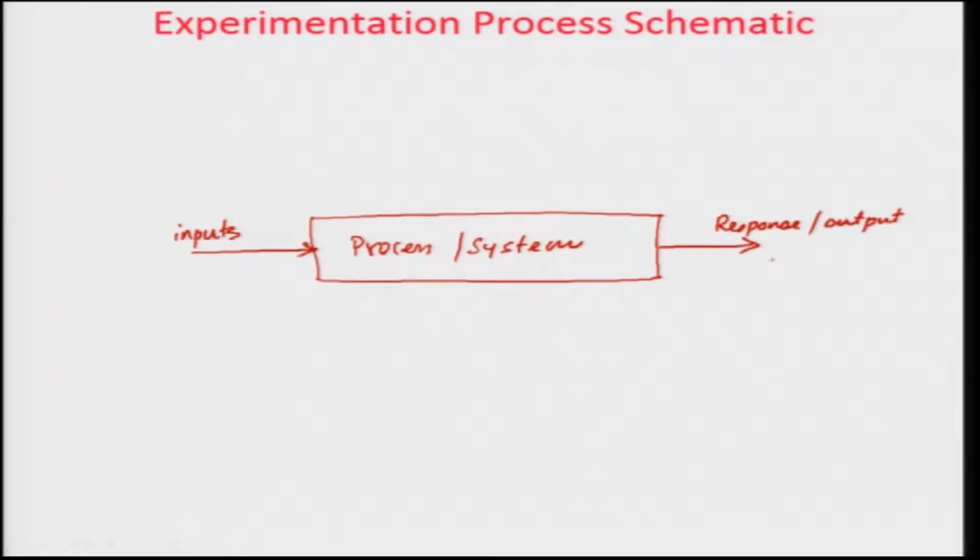Let us call it a system. You are either studying a process or a system. You have various inputs to it, and then you have your response or output. Remember, the response variable is your y. Then you have variables that you can control.